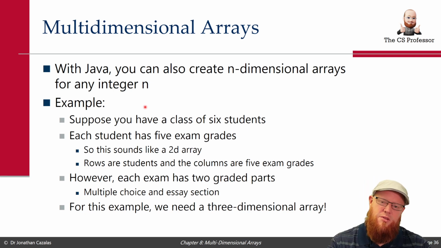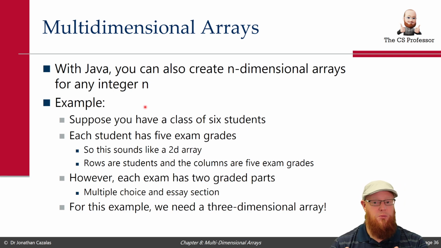So here we say, using that same example, suppose you have a class of 6 students. Each student has 5 exam grades. So it sounds like a two-dimensional array, where the rows are the students and the columns are the 5 exam grades. But now imagine that each exam grade is really 2 portions.